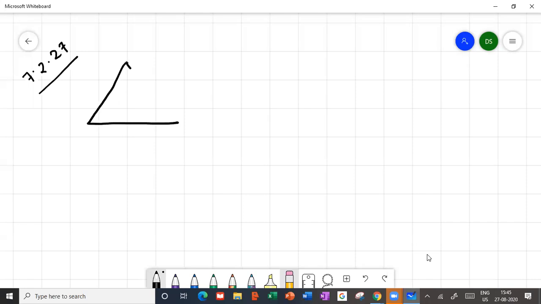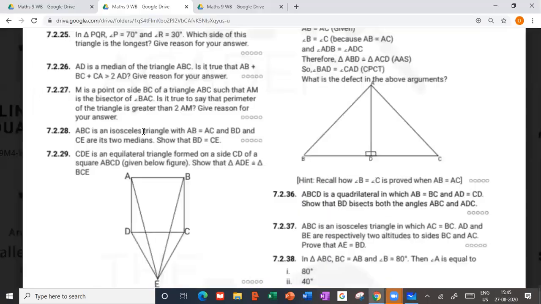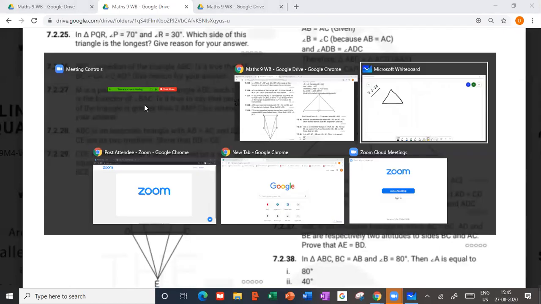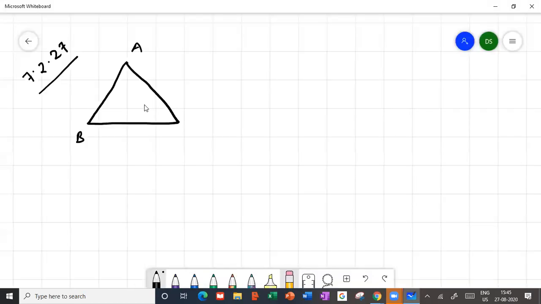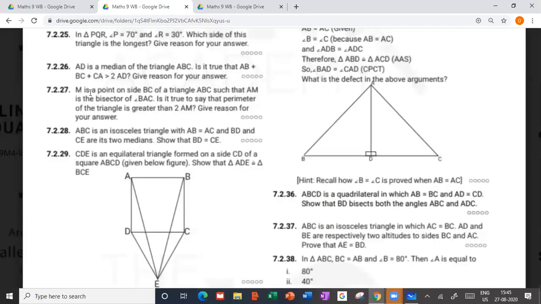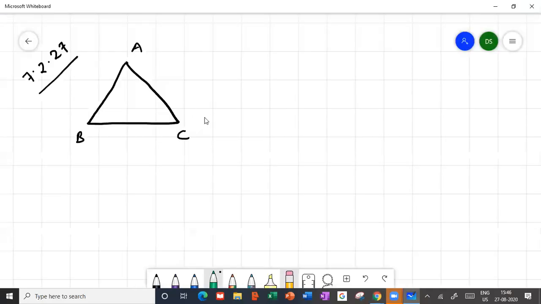Okay, so first thing we draw a triangle ABC. Now we need to draw M. What is M? M is a point on the side BC such that AM is the bisector of angle BAC.